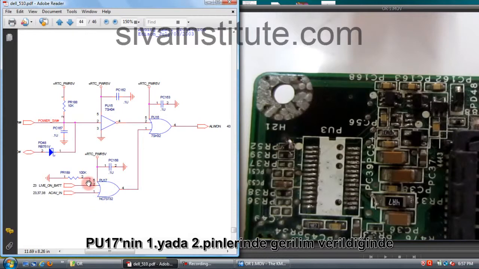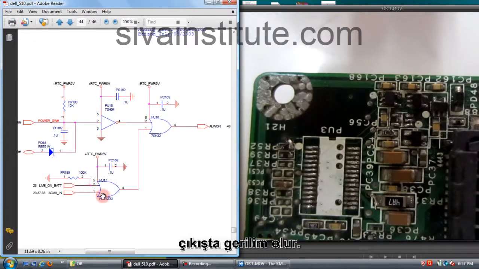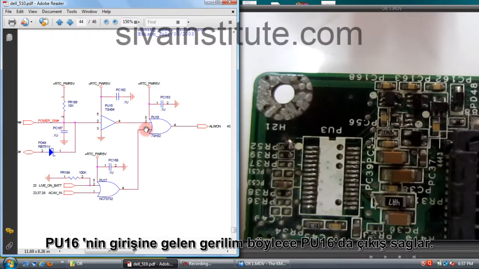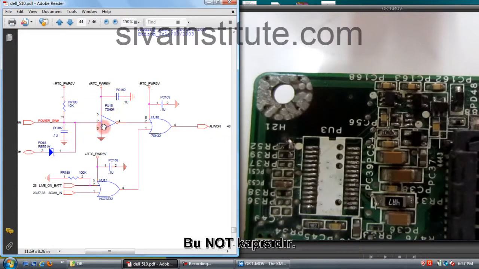Any one pin, this or this, you give voltage, this voltage is available at this pin. This is also, when you give voltage, it will come out from this one. This voltage is okay, this voltage will be present here. This is a NOT gate. No voltage at this point, so 5 volts comes out here.